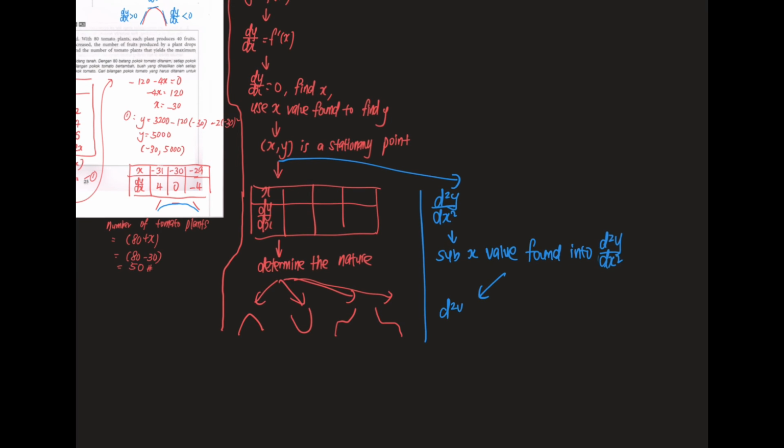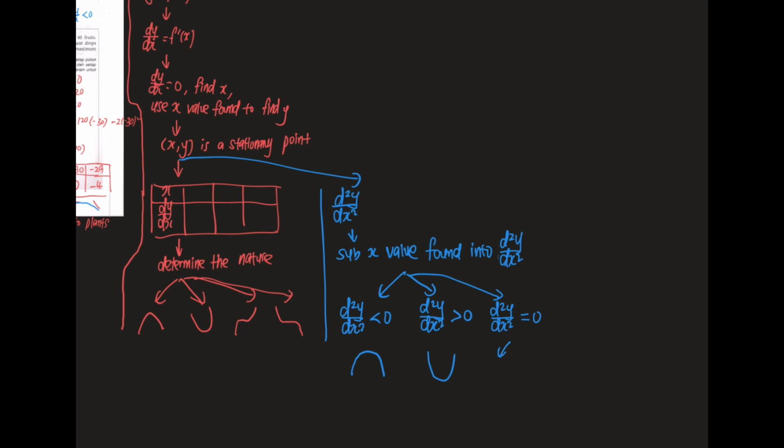If your d2y/dx2 is less than 0, then it is maximum. If your d2y/dx2 is more than 0, then it is minimum. If your d2y/dx2 is equal to 0, then it is inflection, of this kind or this kind.